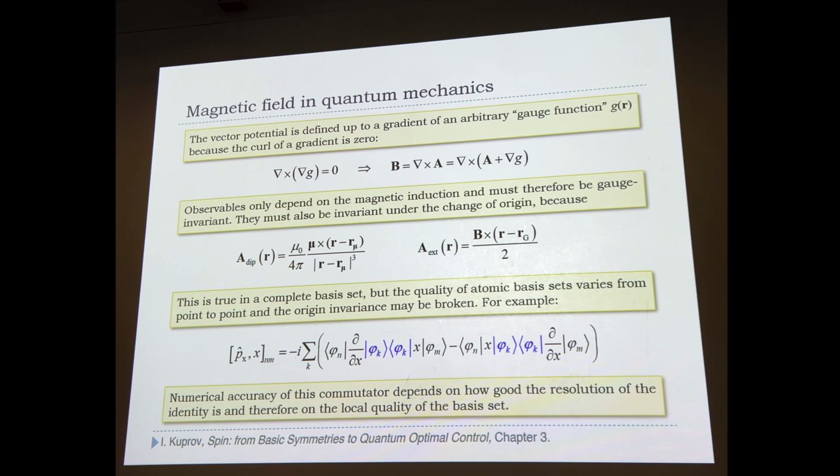This would be the identity matrix that wouldn't cause any problems, but if we are far away from the molecule, then that and that would be terribly described, because there simply wouldn't be any basis functions in there. And so you can see the quality of description starts to depend on location, on how good the resolution of identity is in our location, therefore on the local quality of the basis set.